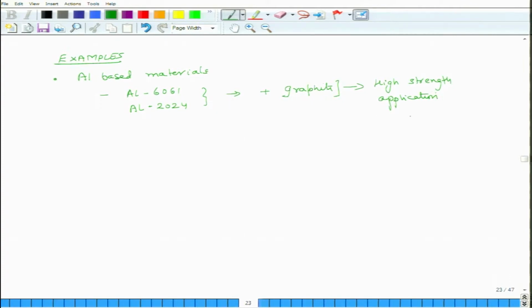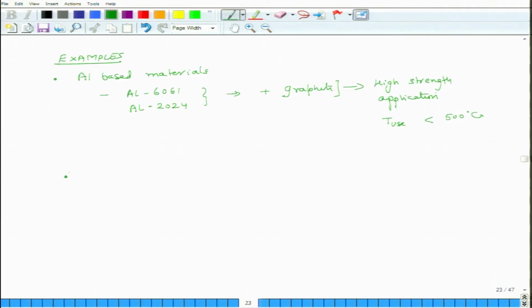The temperature of use could be as high as 500 degrees centigrade. But again this graphite reacts with aluminum, so you have to coat it with some protective layer.